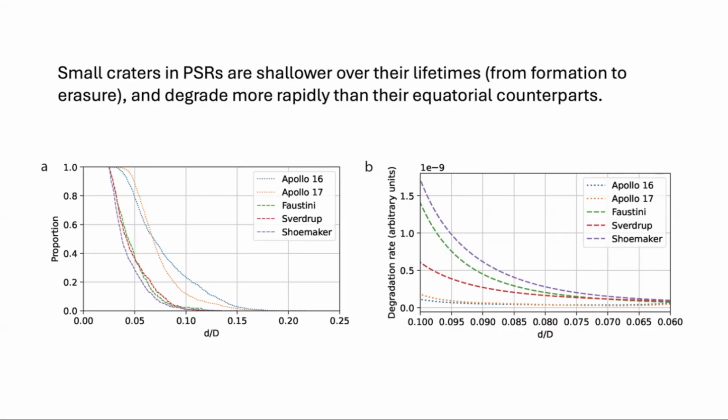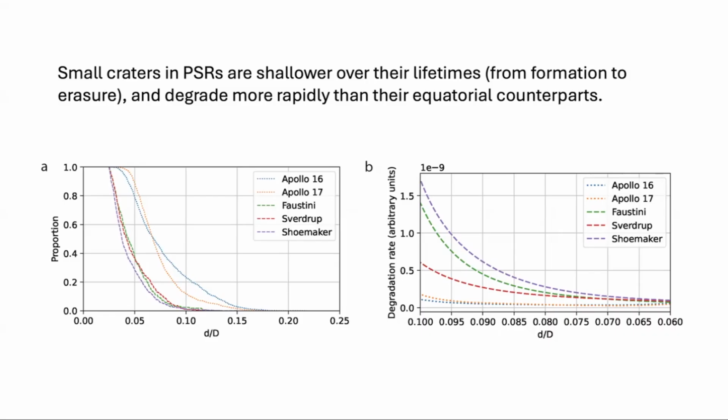Well, I'm not clear how the plot on the left tells why small craters in PSRs are shallower over their lifetimes. Tell me how you draw that conclusion. Because it's under the assumption that crater production is more or less the same everywhere on the Moon, with some uncertainty.